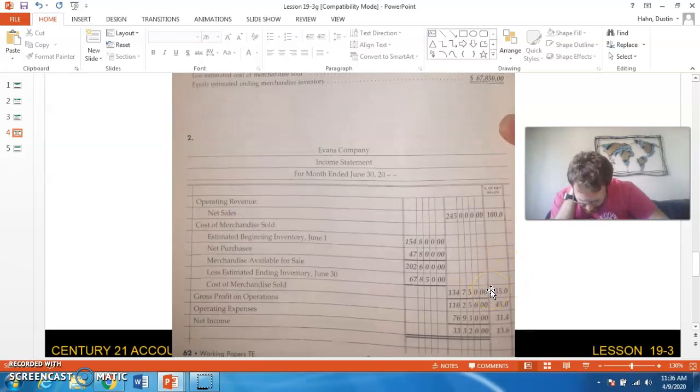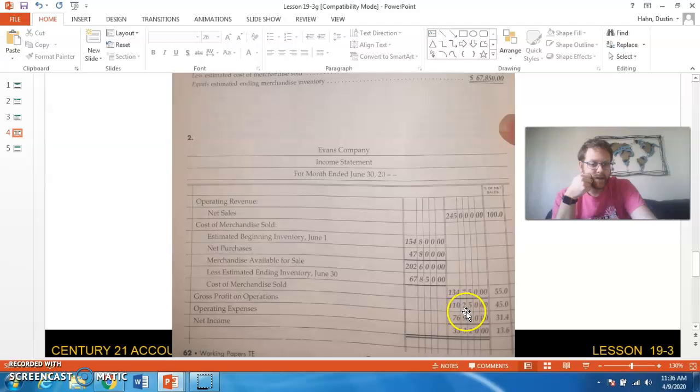For our percentages, all you have to do is take these four numbers. Take 134,750 divided by 245. That equals 0.55, and then you take that times 100 to get that into percent. So now take that by 100, and then you get 55%.